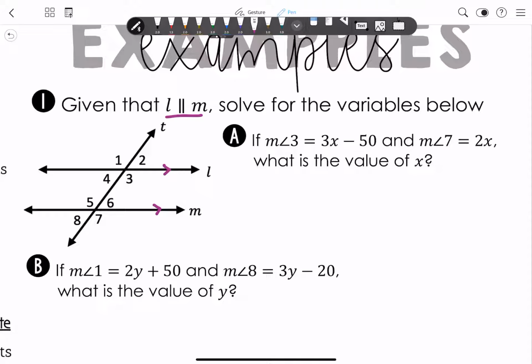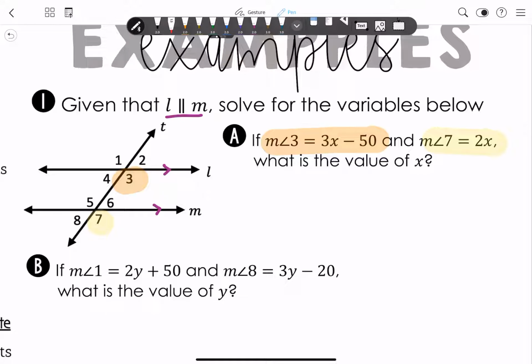All right? And now it's saying if the measure of angle 3 is 3x minus 50, so this one right here is 3x minus 50, and the measure of angle 7 is 2x, this one right here, what is the value of x?